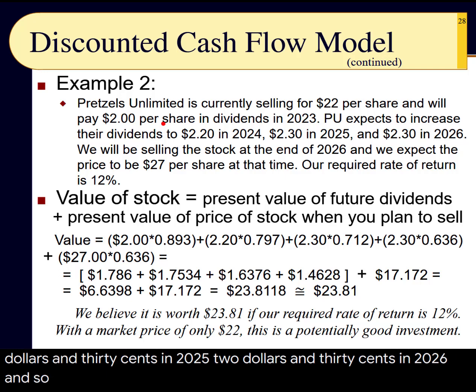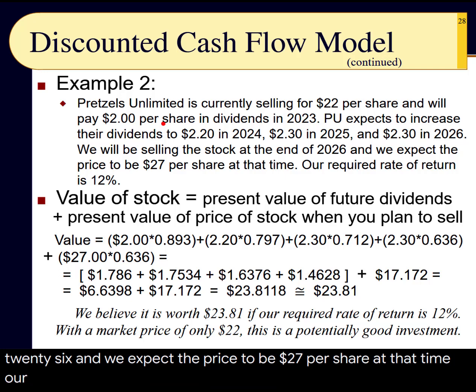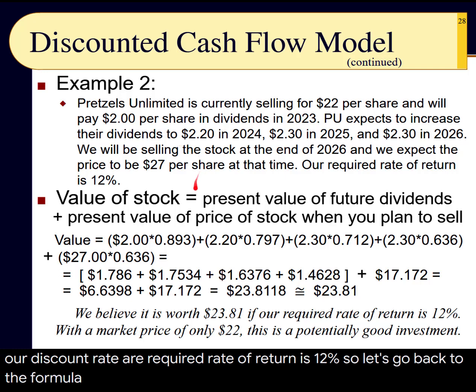We're thinking we'll be selling the stock at the end of 2026, and we expect the price to be $27 per share at that time. Our discount rate, our required rate of return, is 12%. So let's go back to the formula.